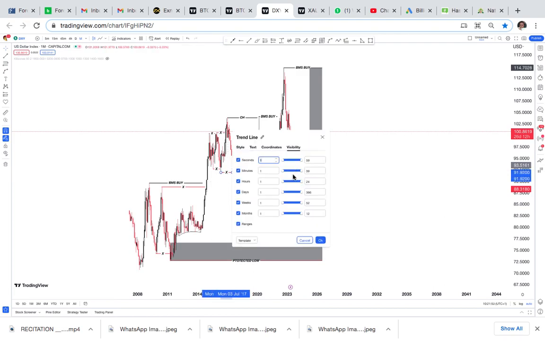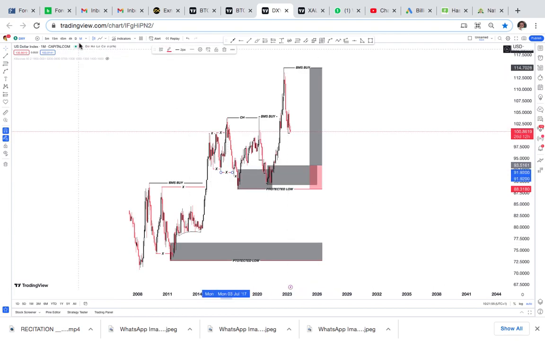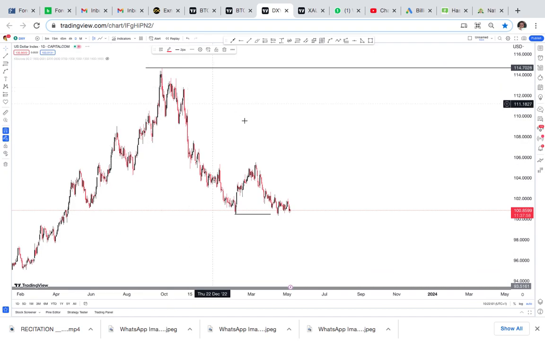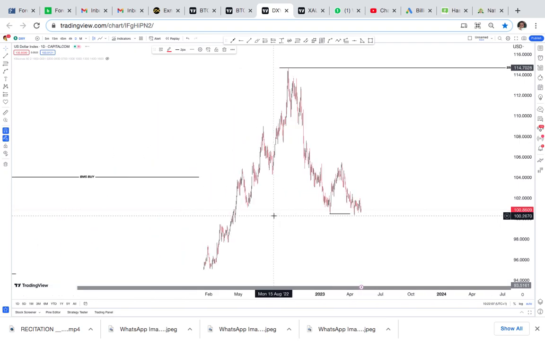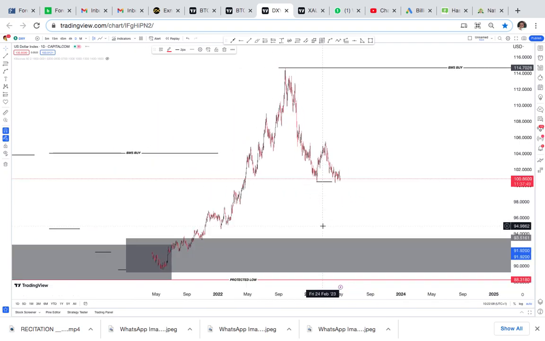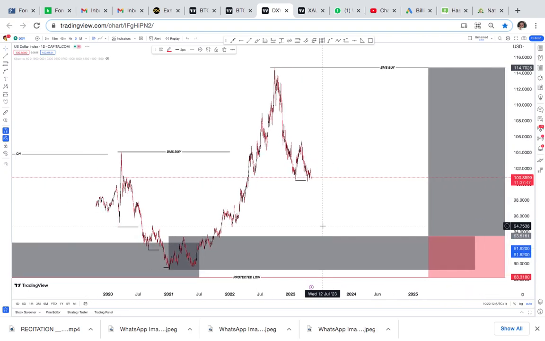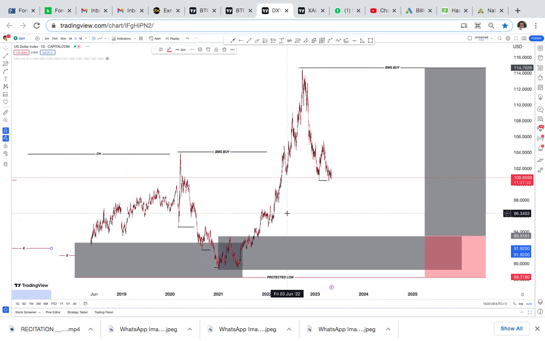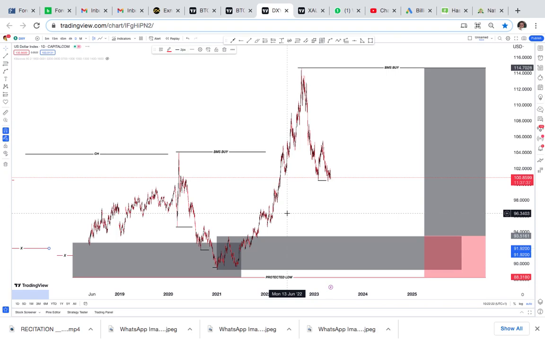Okay, so let's go down to daily. So this is where I'm looking to buy DXY.